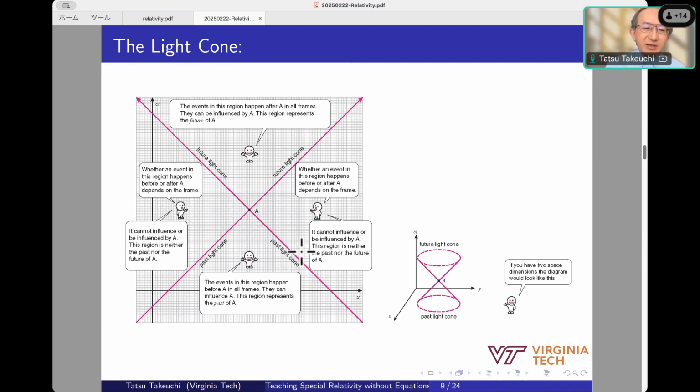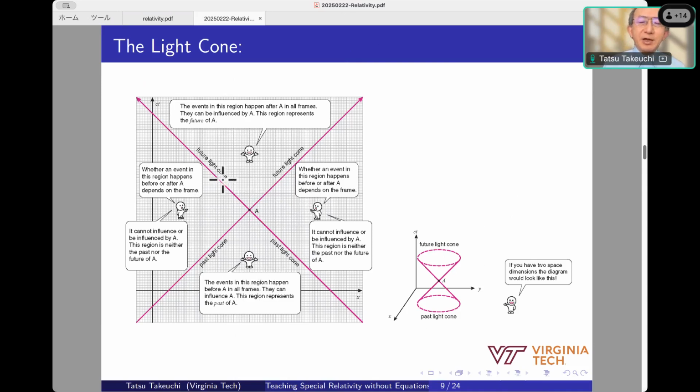And this diagram is known as a light cone diagram. It describes which points in your space-time are in your future, which points are in your past, and which points cannot have any causal connection to your point.